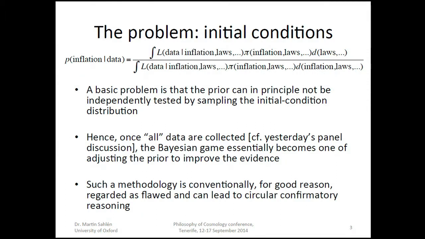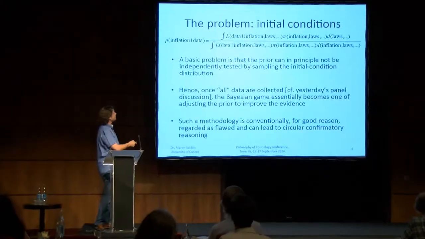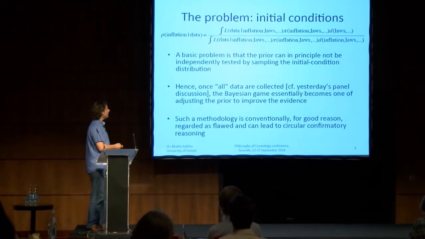Here I've marginalized that over some higher order laws in principle as well, so it's a kind of multiverse of some sort. Then there's the Bayesian evidence at the bottom, and that's the one I'll really focus on here. That's the one which tells us how good is whatever model we have. As you can see, that depends crucially on that prior.